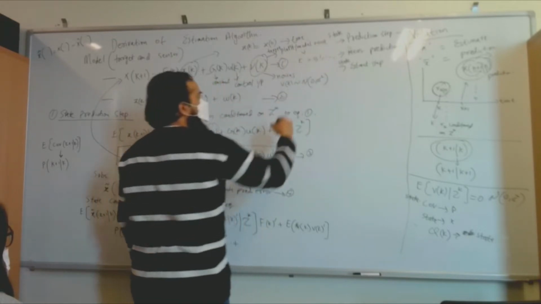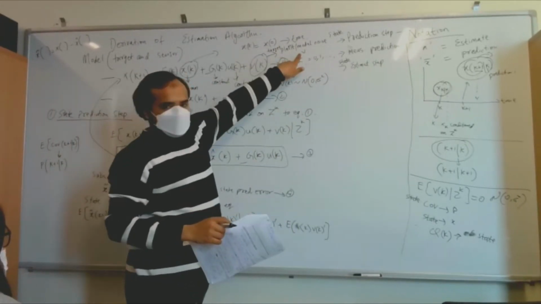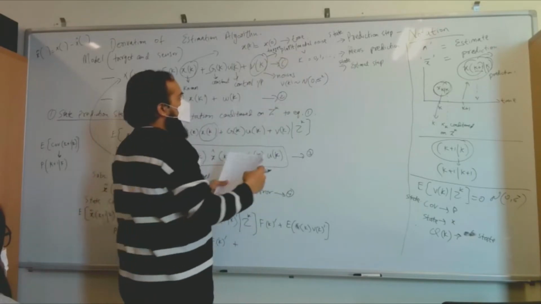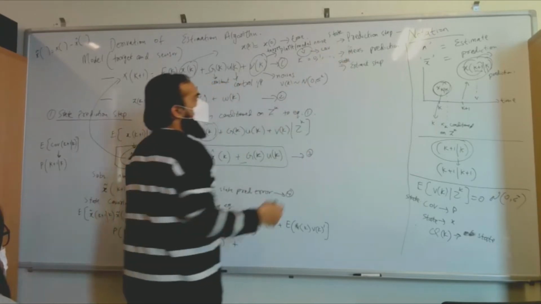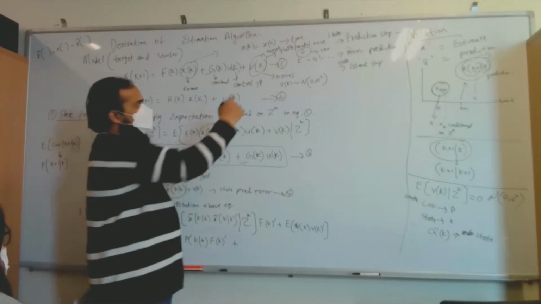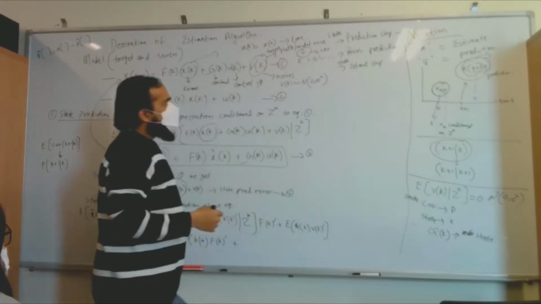So target model noise is denoted by V, and the expectation over this one is the covariance.